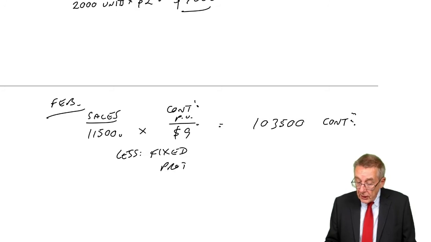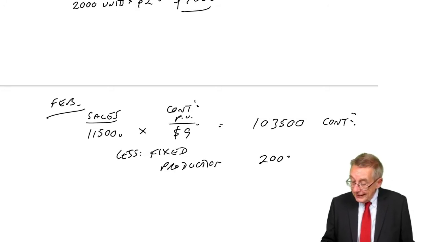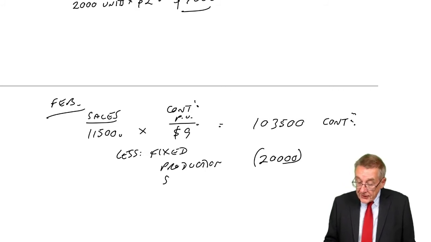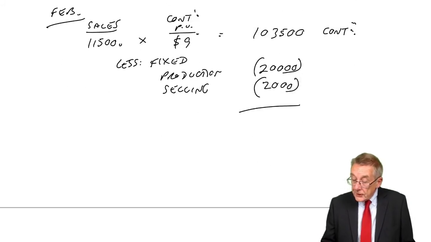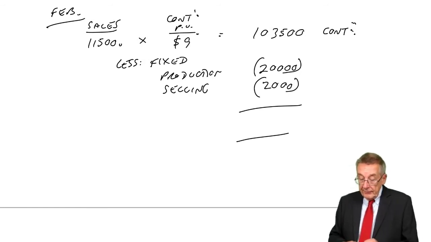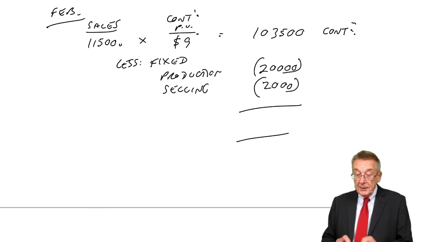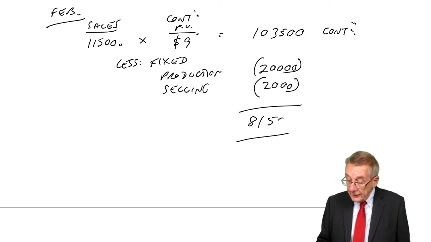The production cost, 20,000 a month. The selling fixed costs, 2,000 a month. And so with our marginal costing, what does the profit become? 103,500 minus 22,000 is 81,500.